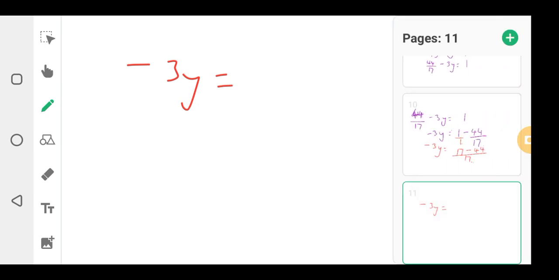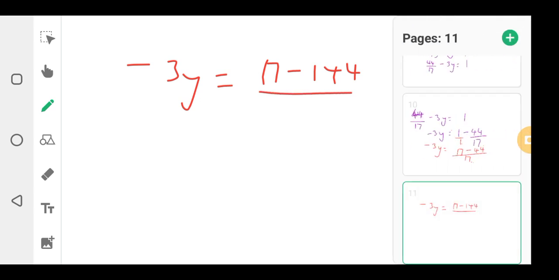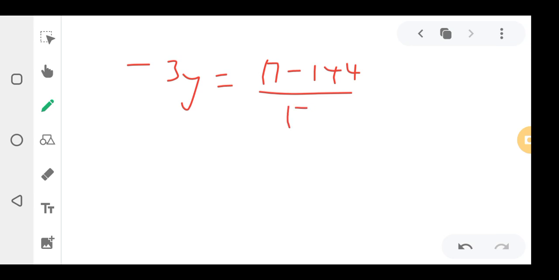So it will be negative 3y is equal to, what is negative 3y going to be equal to? 17 over 44, divided by 17 down, divided by 17.